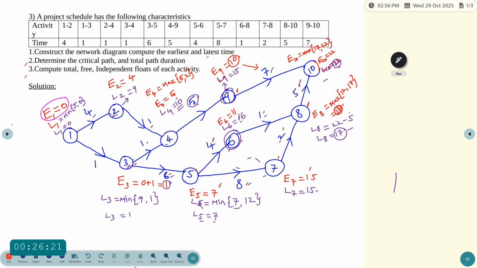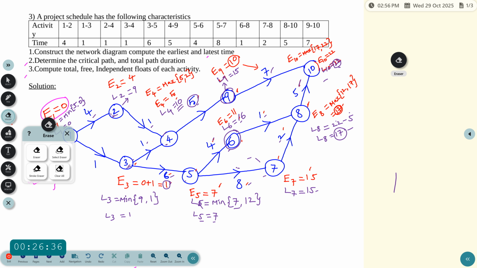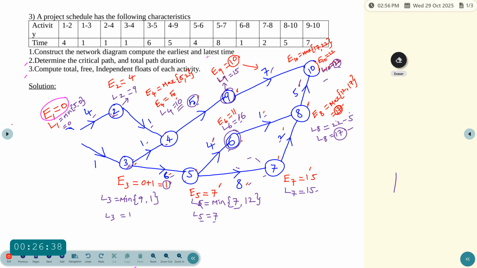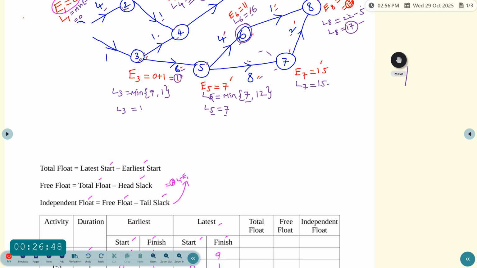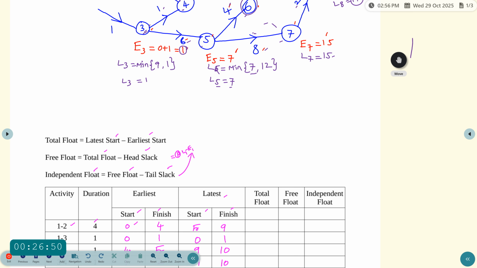So using the same procedure in your table form.